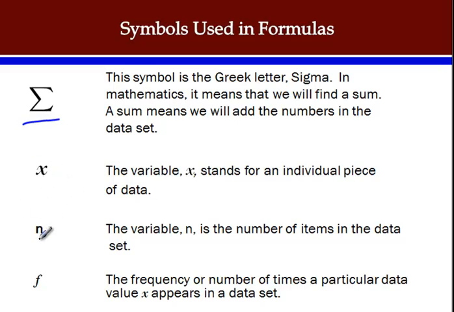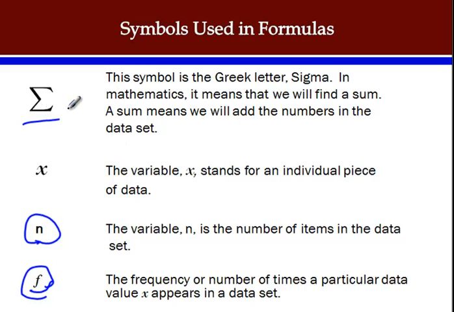And the number of x's that you have depends on n, the total number of items in the data set. And f means frequency. The frequency is the number of times a value appears in a data set, such as that value 81, which occurred twice. So we'll see some other ways that we'll use frequencies to help us find those measures of central tendency.